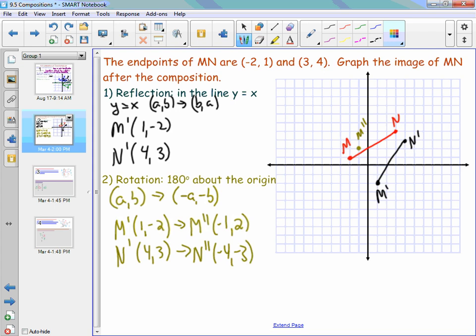And we get negative 4, negative 3. And we draw that segment. This olive colored segment is our final segment, the M double prime, N double prime.